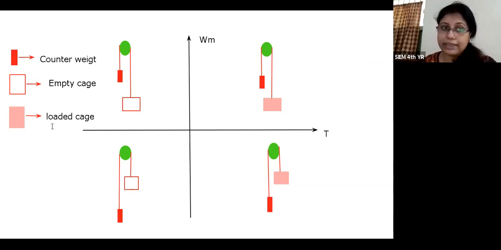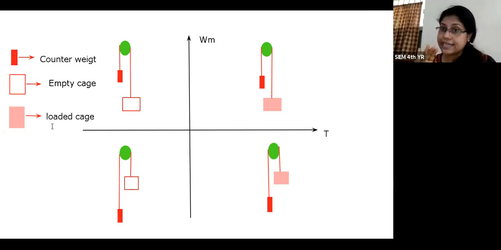We have to remember one thing: the weight of the counterweight is greater than the weight of the empty cage.